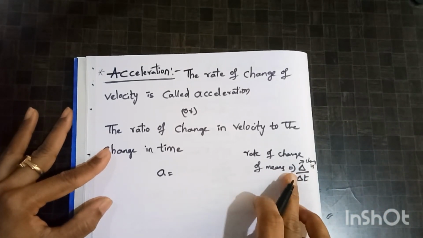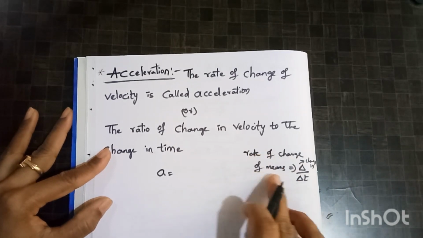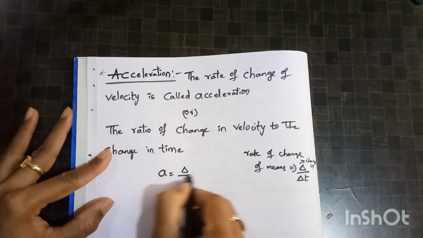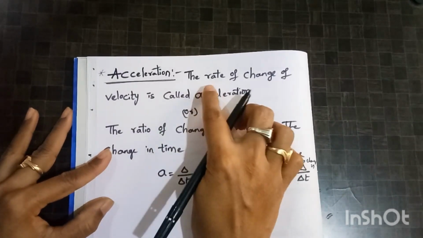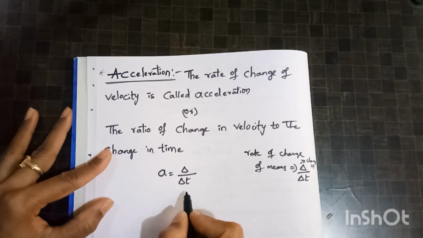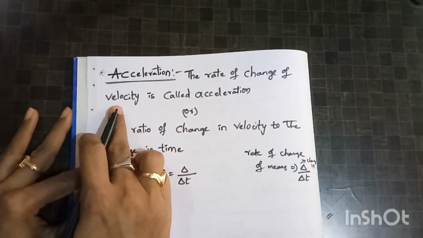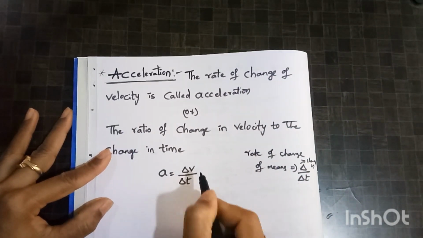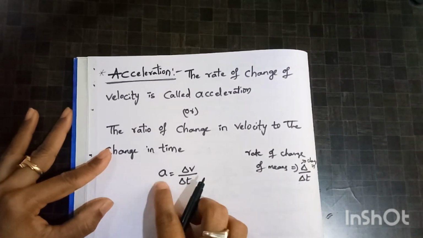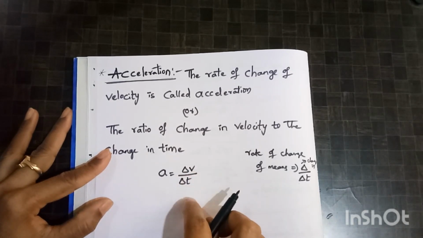So the rate of change of velocity is delta v by delta t. This is called acceleration. a is equal to delta v by delta t.